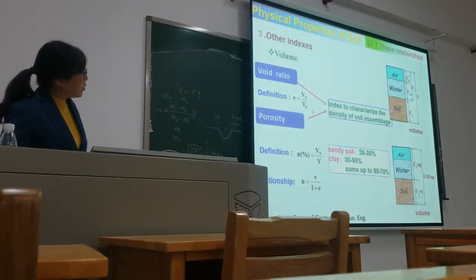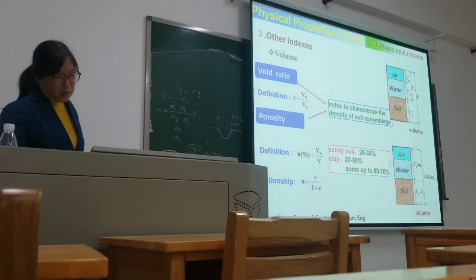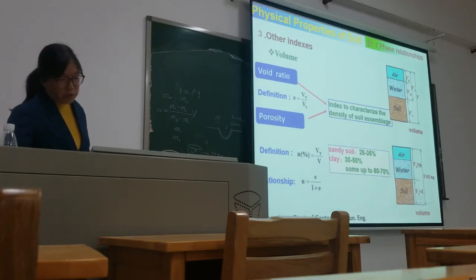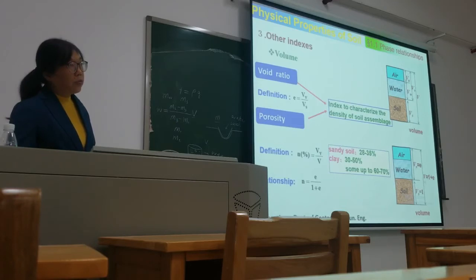Okay, here's 1. Maybe volume of void equals E. So the total volume equals 1 plus void ratio E. Okay. So the porosity equals the void volume divided by the total volume. Okay.